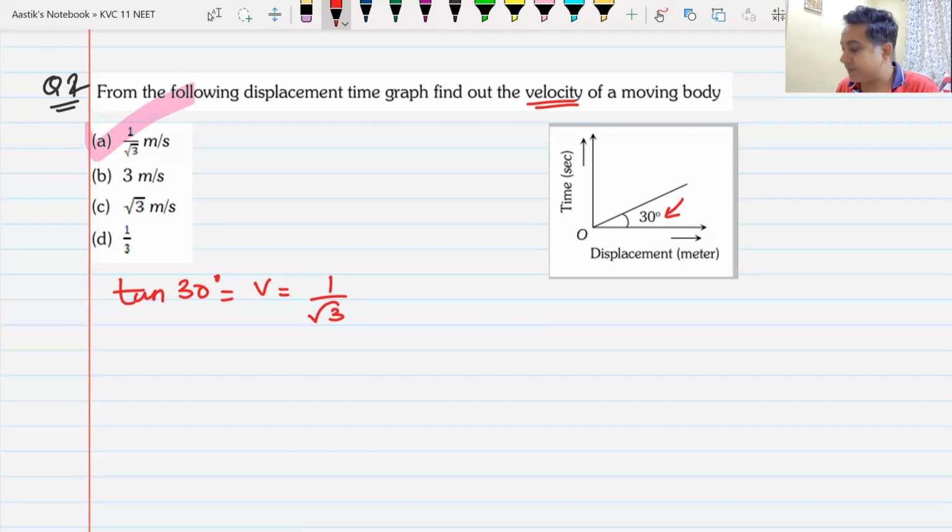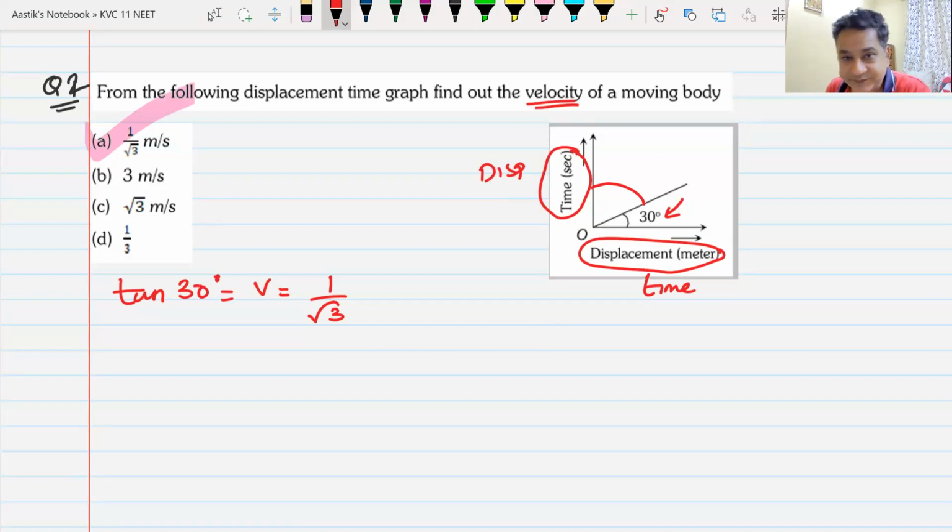Option C. Remember, when I found out the slope on this side, y-axis was displacement, and on the x-axis it was time. They have reversed the order. So you have to find the angle with the time axis. Do we understand this?